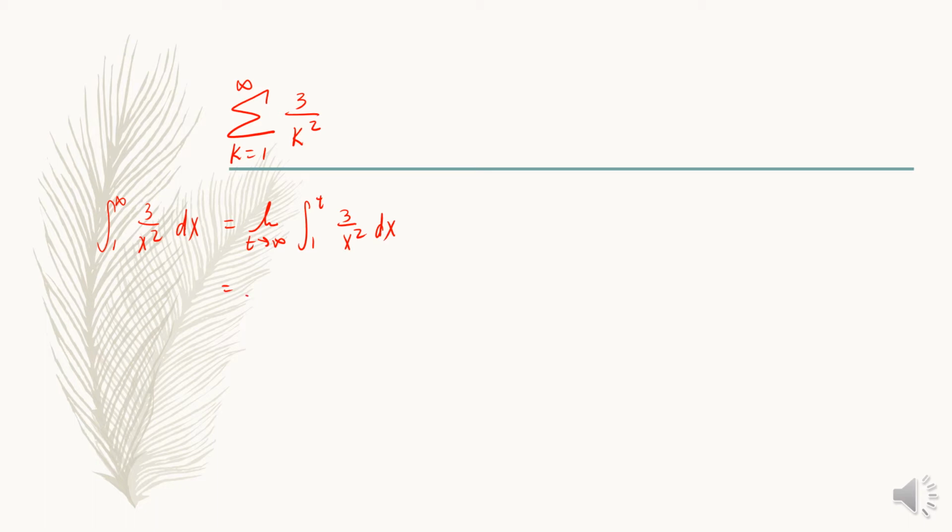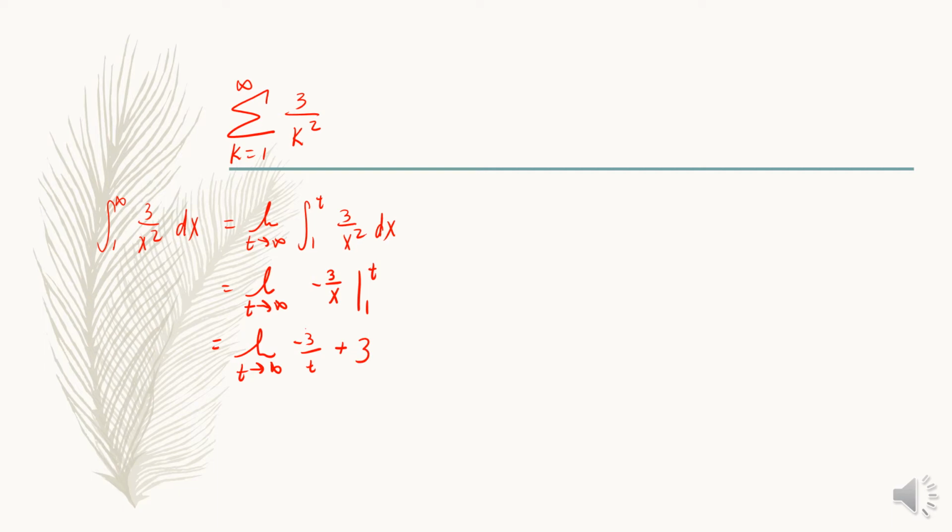Then I'm going to actually integrate. The antiderivative of 3 over x squared is negative 3 over x, and we're going to evaluate this from 1 to t. Then I'll plug in my top and bottom bounds. So that looks like negative 3 over t, and then minus 3 over 1, so that's going to make it a plus 3.